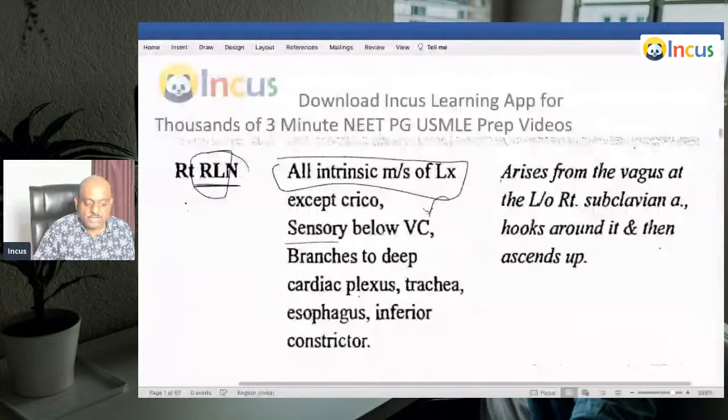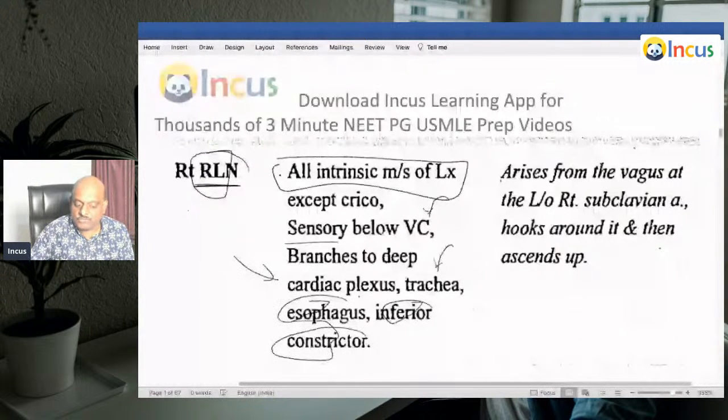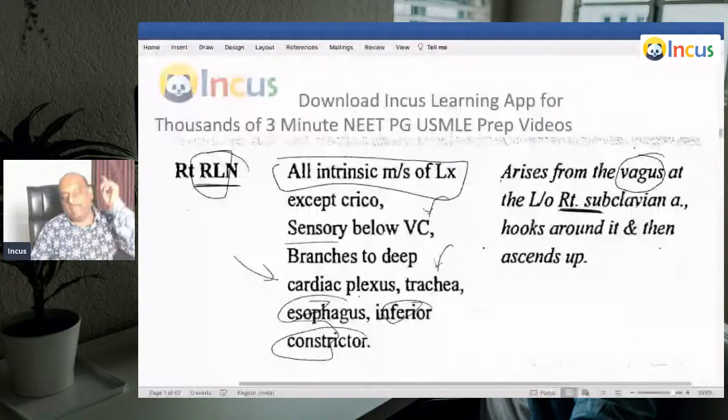The right recurrent laryngeal nerve branches to the deep cardiac plexus, trachea, esophagus, and inferior constrictor. The right recurrent laryngeal nerve arises from the vagus and is in relation to the right subclavian artery. It hooks around it and then ascends up. That is the story of the right side recurrent laryngeal nerve.